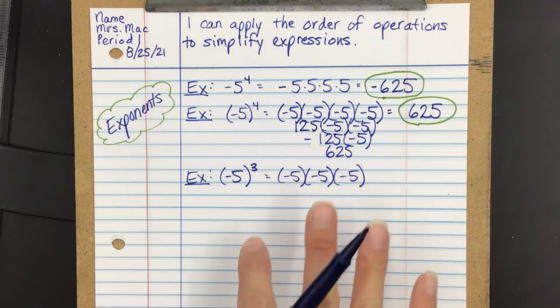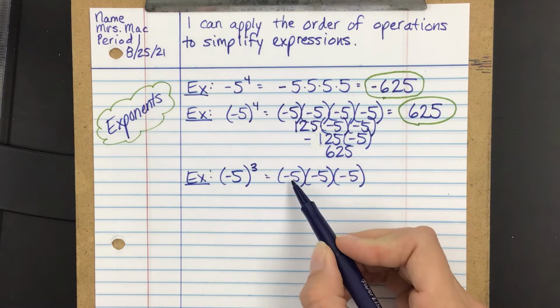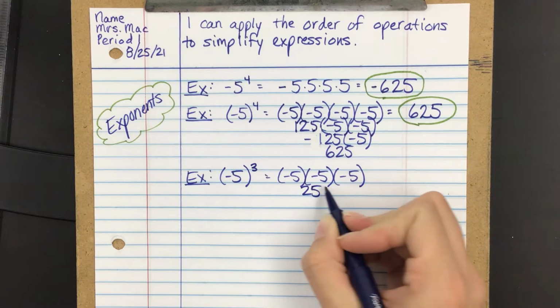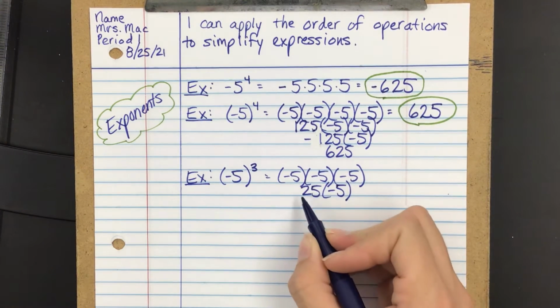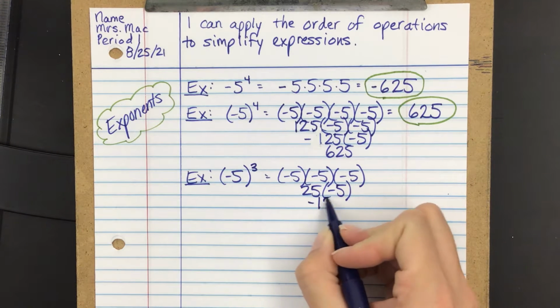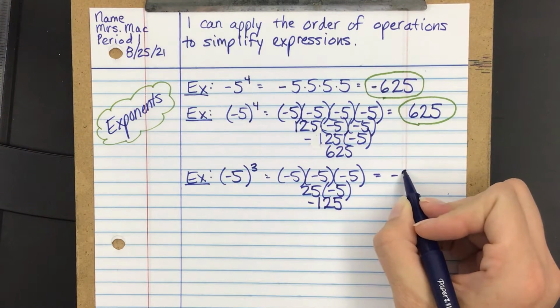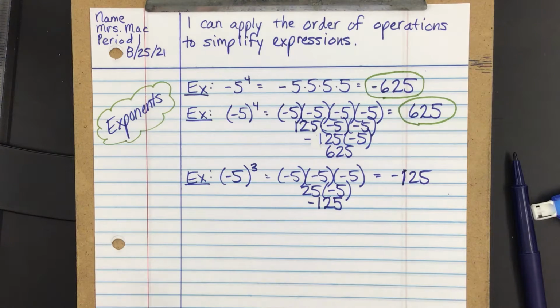Now, let's go ahead and simplify this so we can see what it's going to be. A negative 5 times negative 5 is a positive 25. And then a positive 25 and a negative 5 is negative 125. Okay.